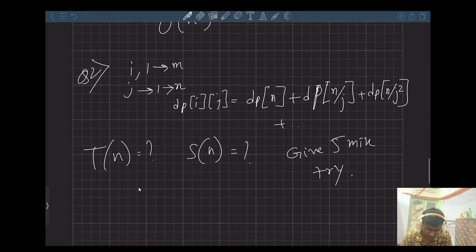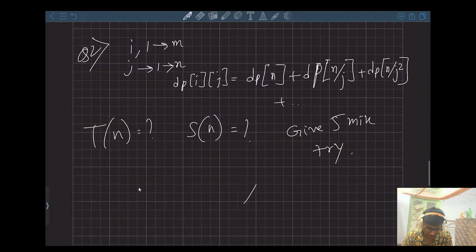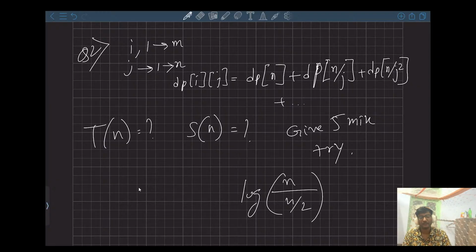This approximates to log n. I should not say log n directly. I should say that maybe log of n by 2. That j is kind of like almost constant.